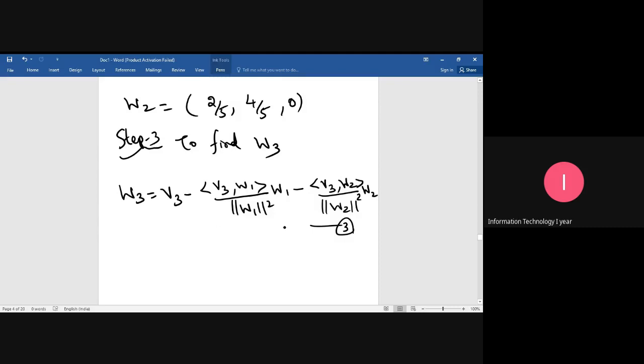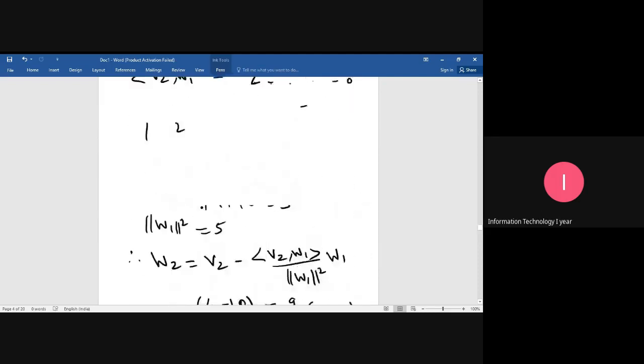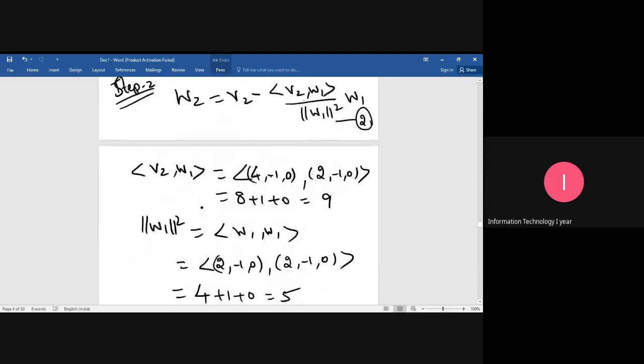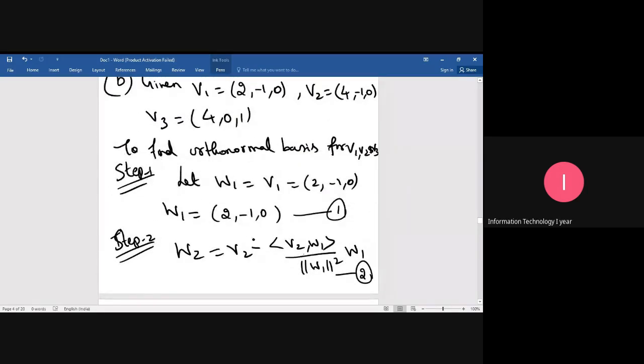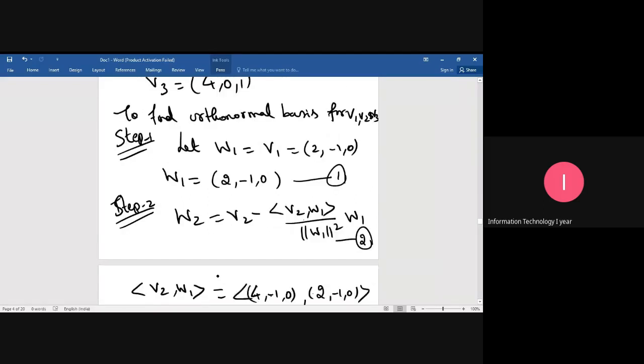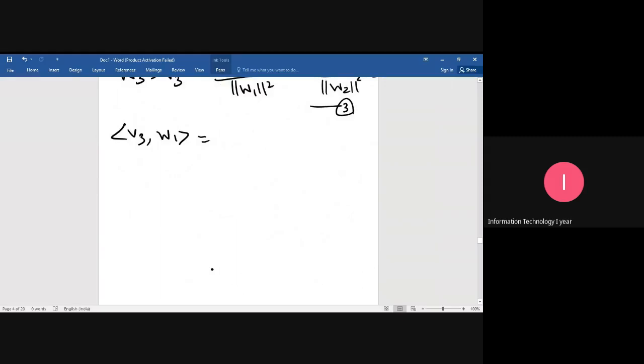So for this, first find out the inner product of V3 comma W1. V3 is given: 4 comma 0 comma 1. W1 is 2 comma minus 1 comma 0.